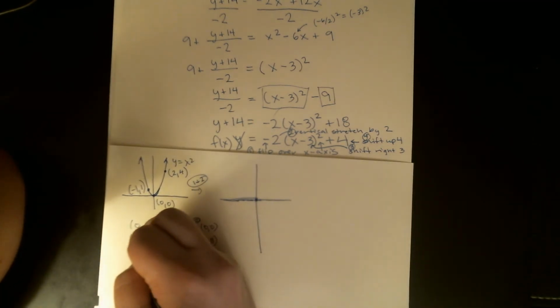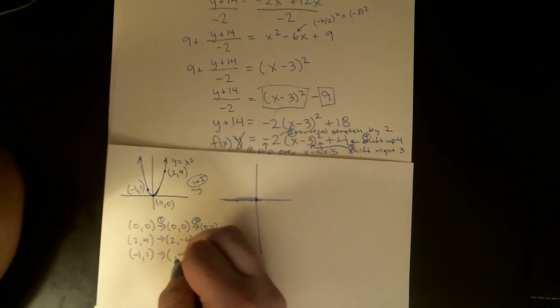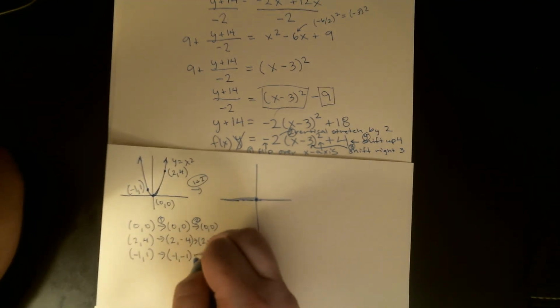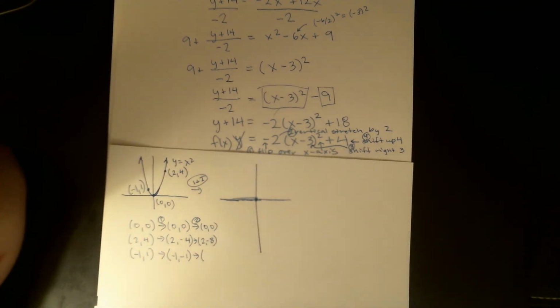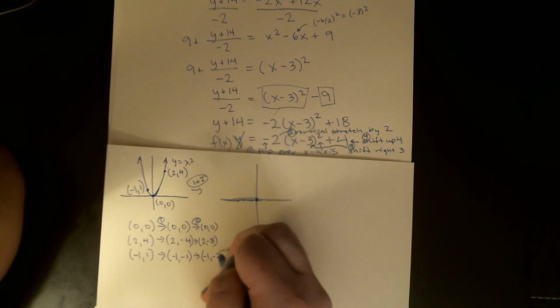And then the last point I chose to follow was negative 1, 1. So when I flip upside down, it will end up at negative 1, negative 1. If I then do vertical stretch by 2, it'll be negative 1, negative 2.